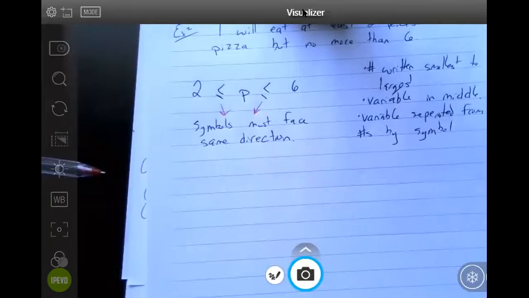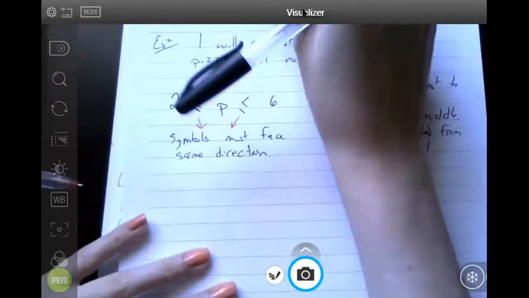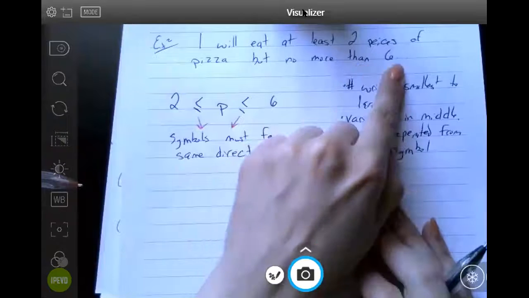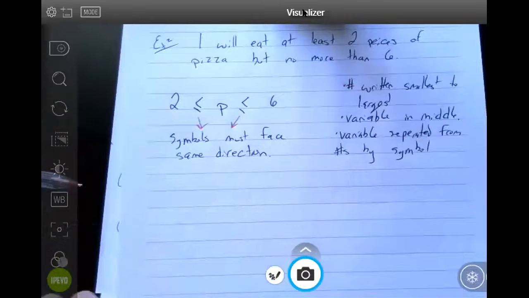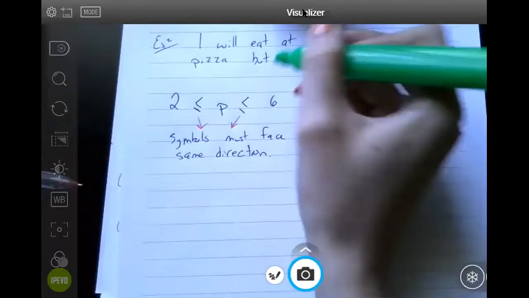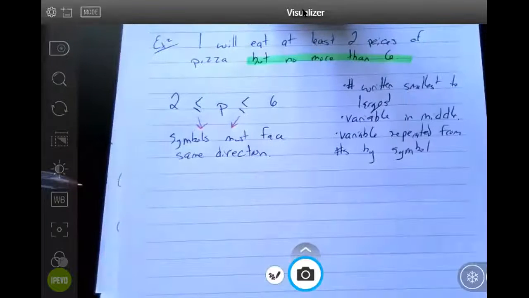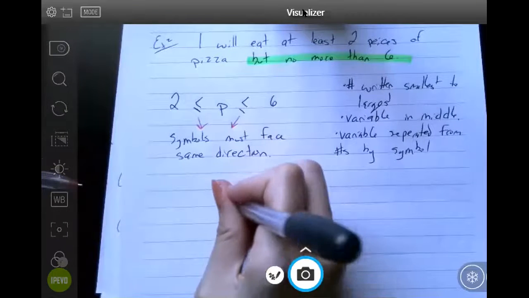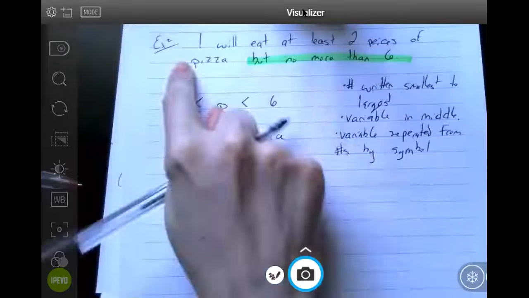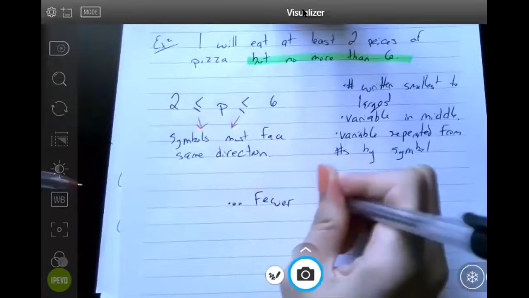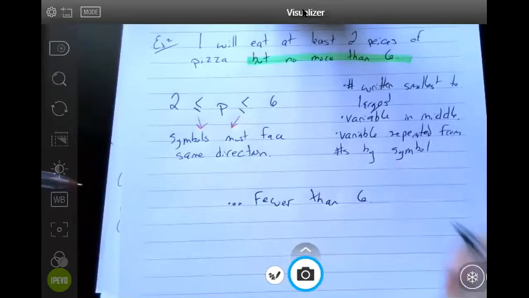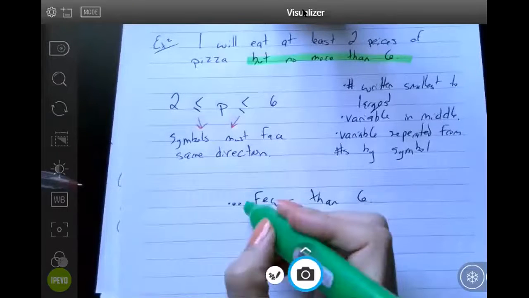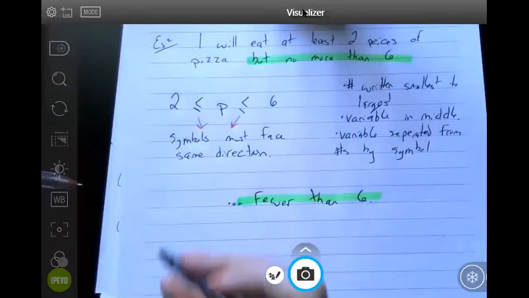Okay, so as long as you remember those rules, really it's just paying close attention to the wording of the problem to figure out which symbols you should be using. So in this case here, if instead of saying no more than 6, I changed that one part and said all the rest the exact same, but said I will have fewer than 6 slices instead, most of my equation would be the same.